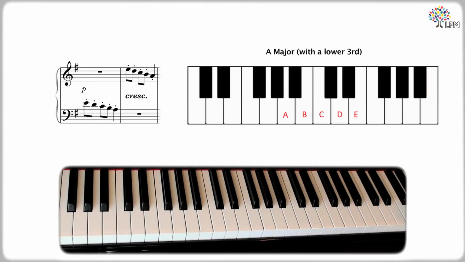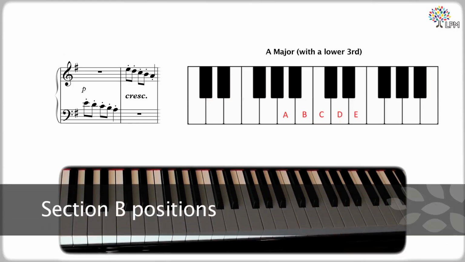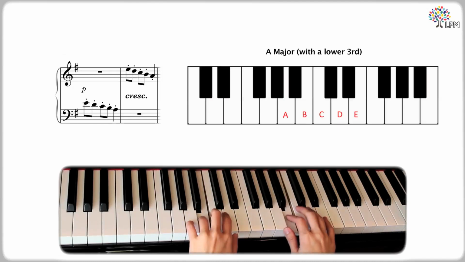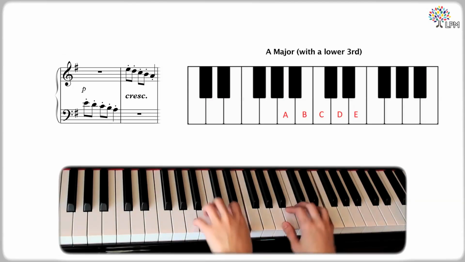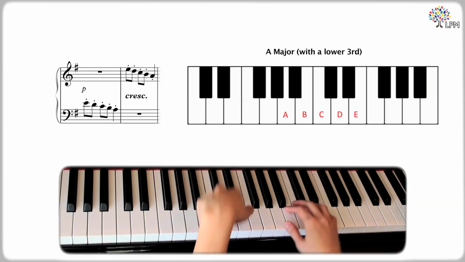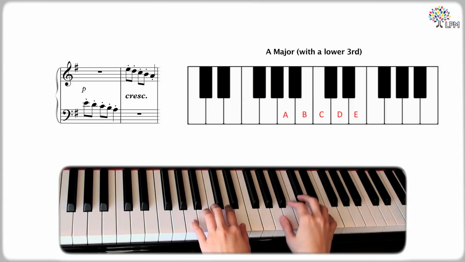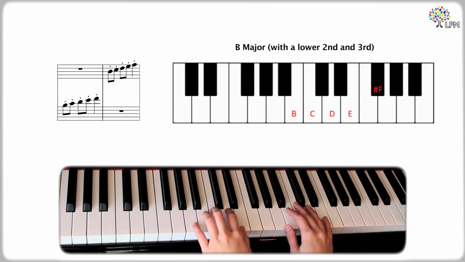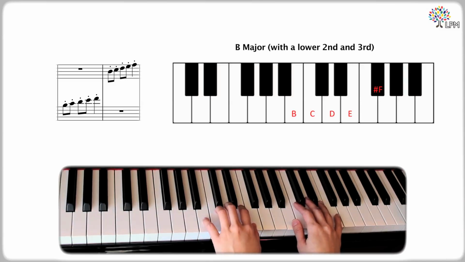So measure 1 and 2 is in the A position we were just in, with the lower third. Measure 3 and 4 moves up a whole step up to B position, with lower 2 and 3.